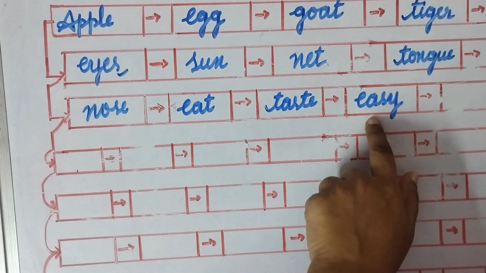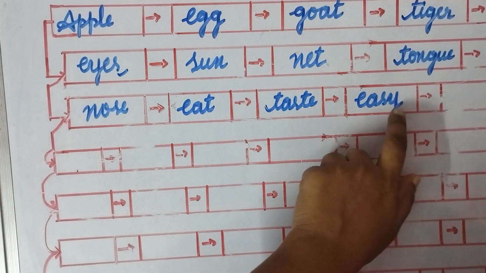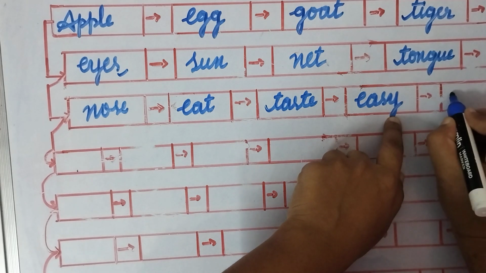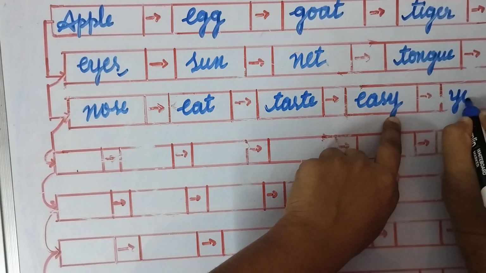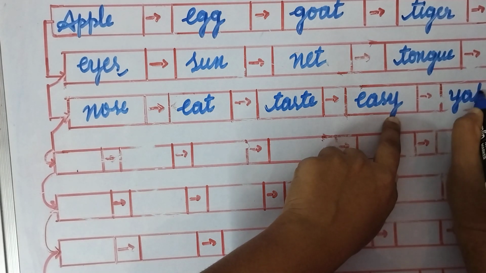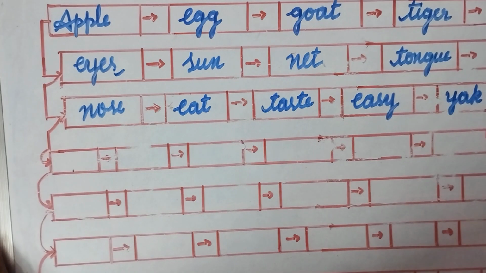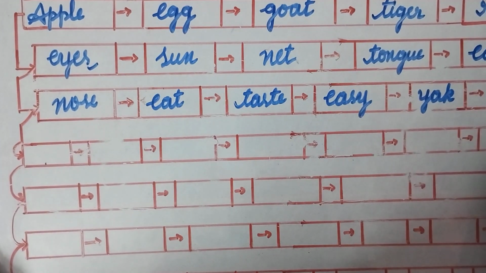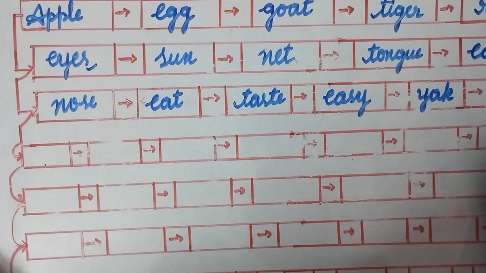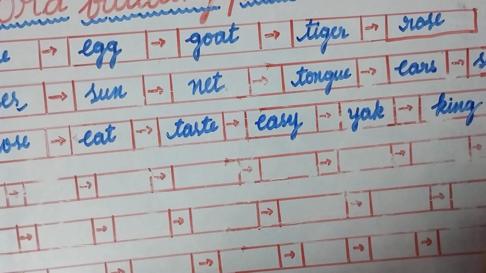The last letter is Y. Y for yak, Y-A-K, yak. The last letter is K. K for king, K-I-N-G, king.